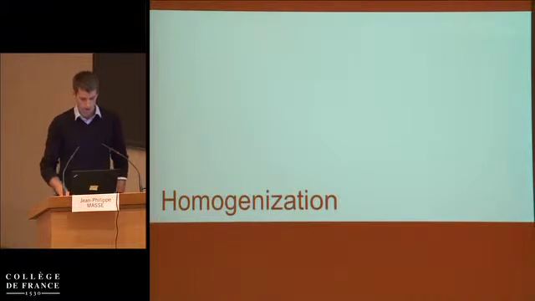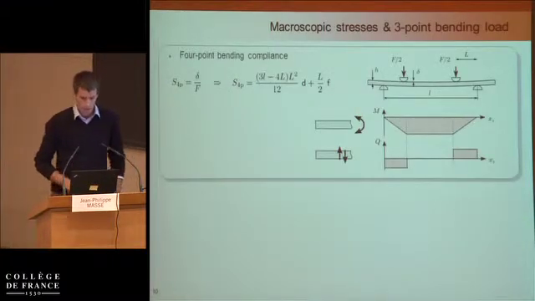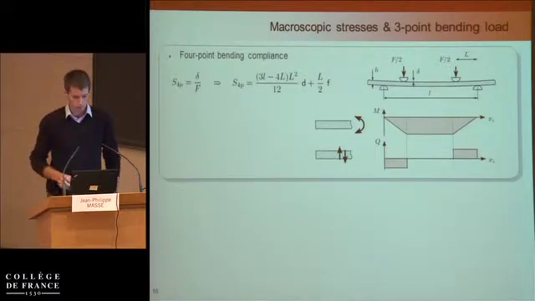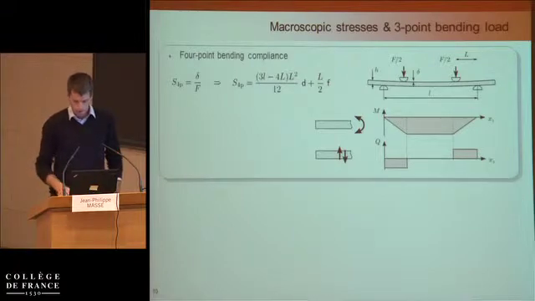So let's talk about homogenization. I'm only talking here about elastic properties, and it's more complicated when we go with damage and fracture and so on. So we are only talking about stiffness.